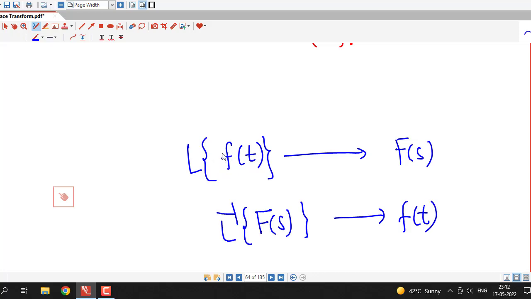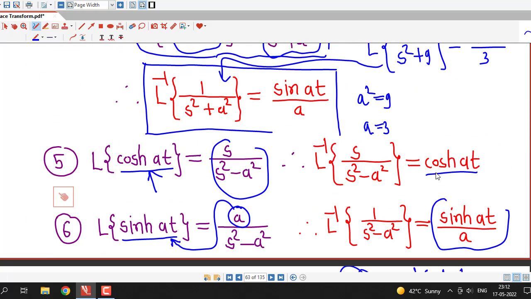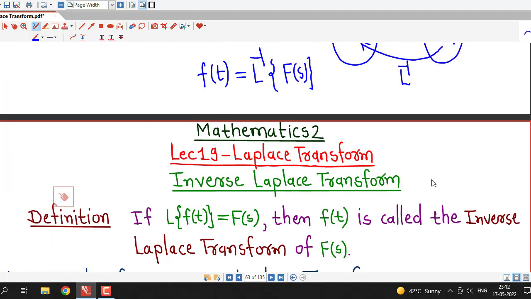So we can reverse all the formulas from Laplace transform of f to L inverse of capital F of s, and we will use all these formulas in upcoming lectures as we proceed further for inverse Laplace transform.